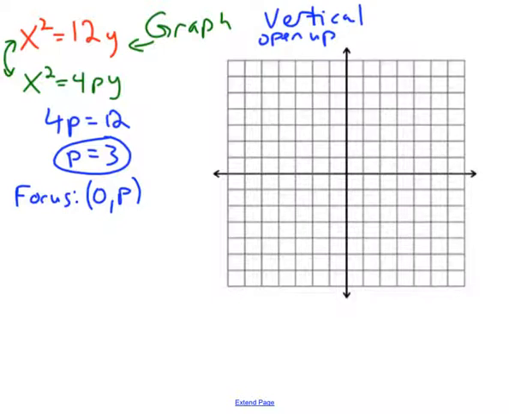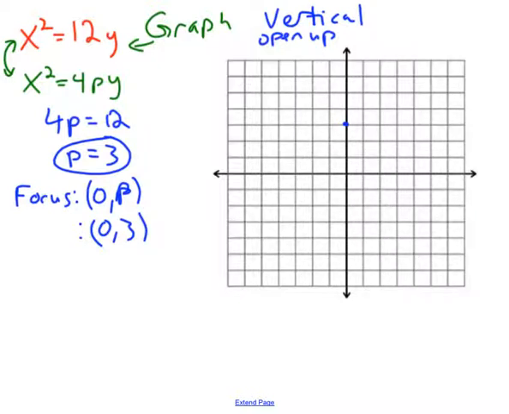So that p back here we know has to be on the y-axis. So our point is 0, 3. Let's go ahead and plot the focus right there, 0, 3. Good. All right, so the focus is at 0, 3.